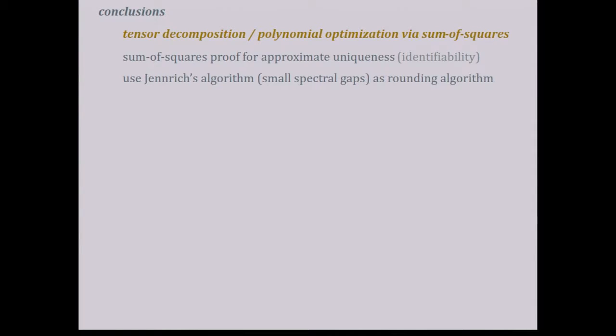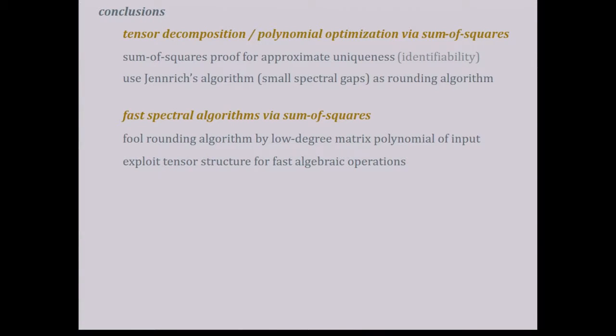The second part was to show that Jenrich's algorithm can be used as a rounding algorithm for the kind of pseudo distributions that are computed by sum of squares. And then there's a way of obtaining fast algorithms from this sum of squares viewpoint: instead of computing pseudo distributions, it's enough to compute some low degree matrix polynomial of the input, with the aim of fooling the rounding algorithm that we had here.